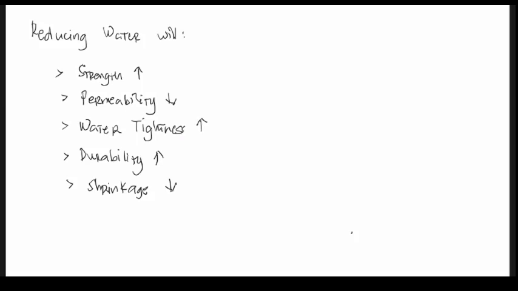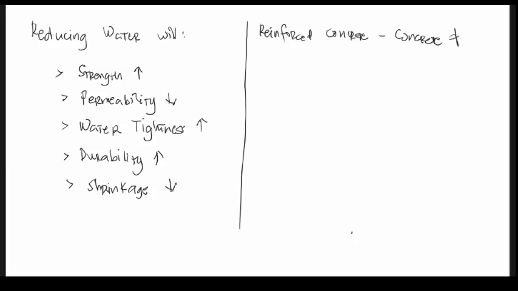Now, on the other hand, reinforced concrete is a combination of concrete and steel. Wherein the steel reinforcement, yung steel reinforcement natin, it provides tensile strength that is lacking in concrete.